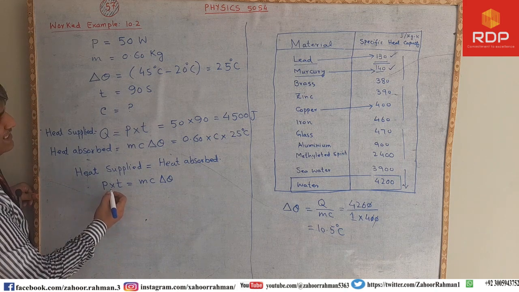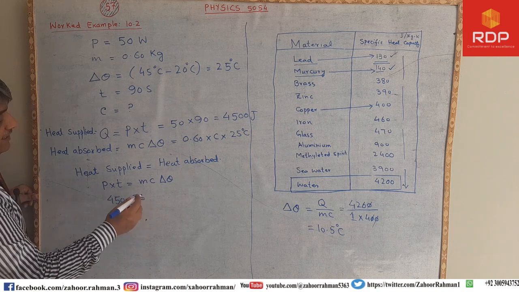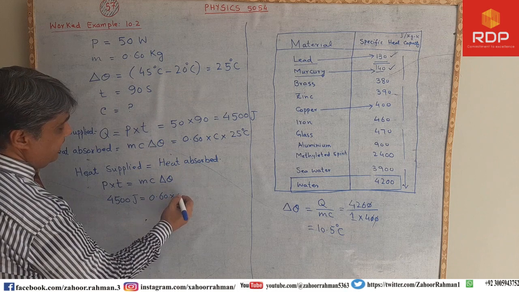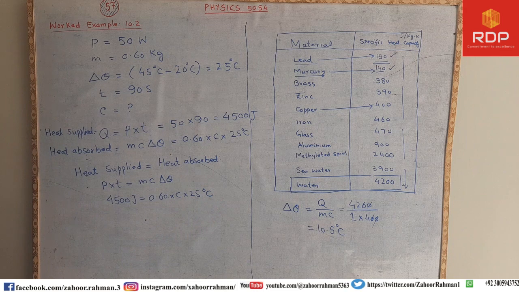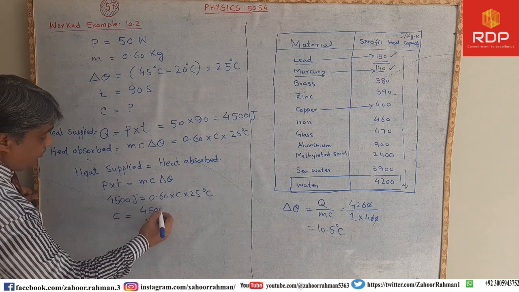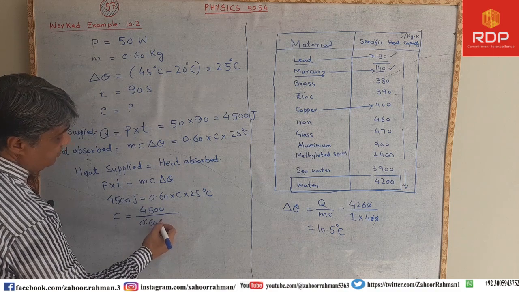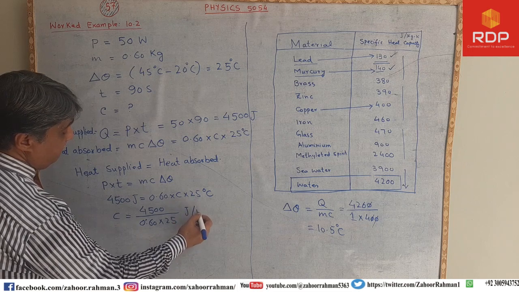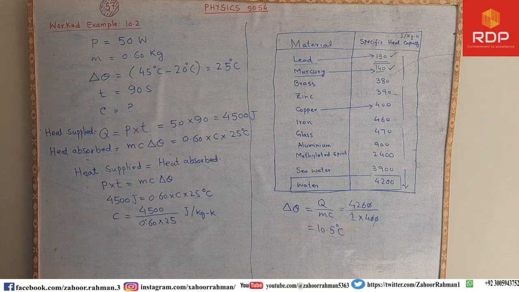So we found this to be 4500 joule, and we are putting 0.60 into c into 25 degree Celsius. So c is equal to 4500 divided by 0.60 multiplied by 25 joule per kilogram per Kelvin. That is the unit of specific heat.